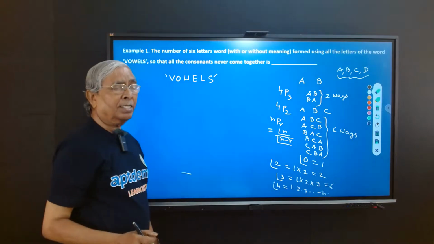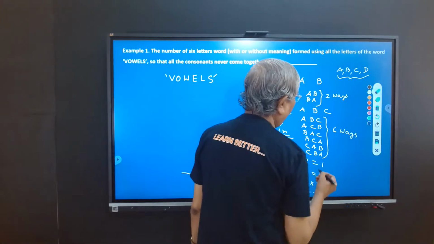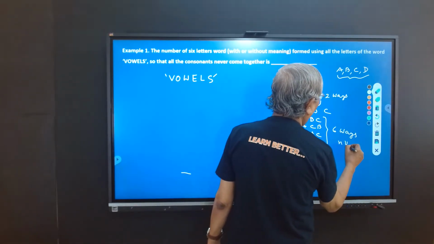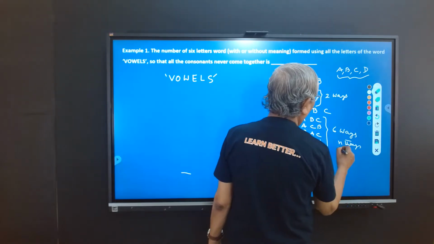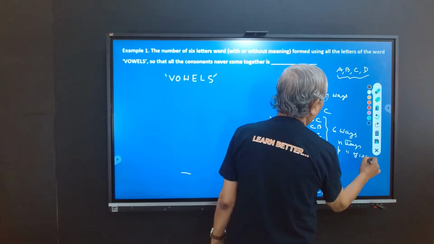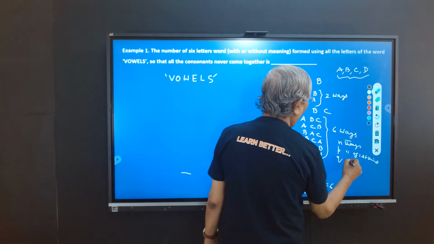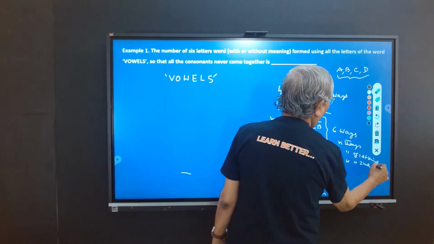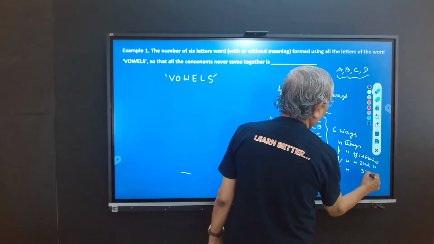6 letters are there. Now, one thing is to be noted, if there is some repetition, suppose we have n things, of which p things of first kind, q things of second kind, and r things of third kind.